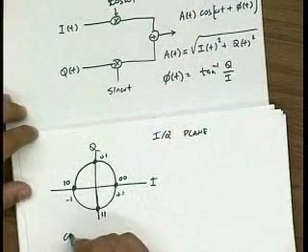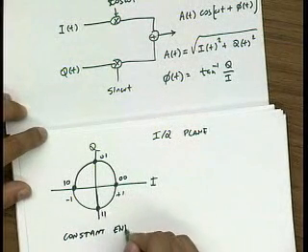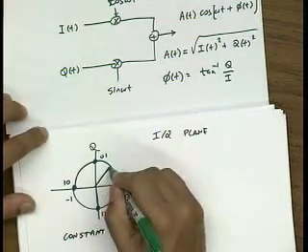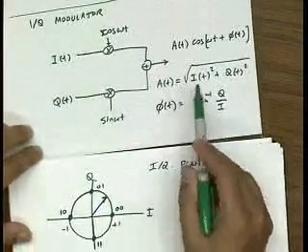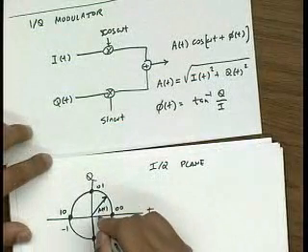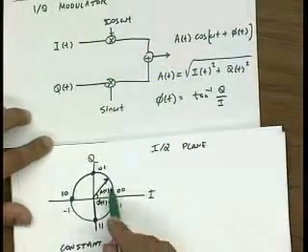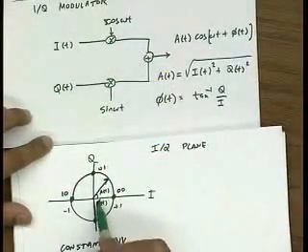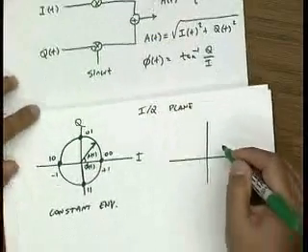Now this is a constant envelope modulation, because of course this magnitude is A of t, and this is the phase phi of t. So the only thing that changes as we transmit different bits here is the phase. I could also do a more complicated modulation.